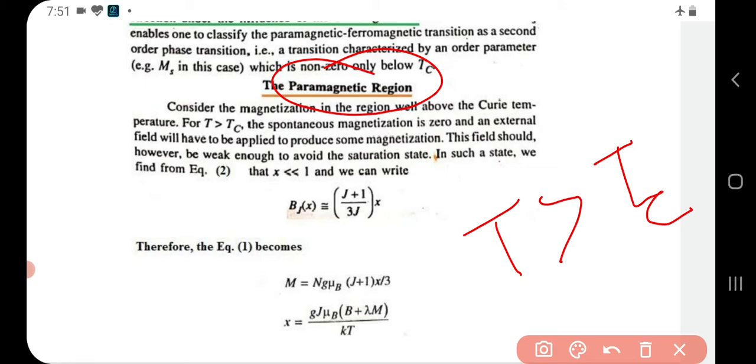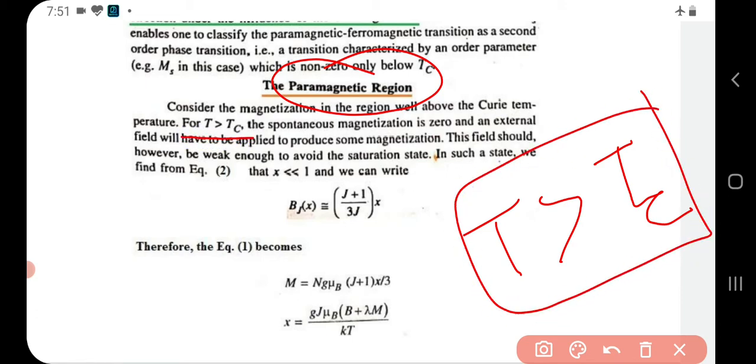Now we are going to discuss the temperature region for T greater than Tc. Spontaneous magnetization is 0, and an external field has to be applied to produce some magnetization. This field should be weak enough to avoid the saturation state.